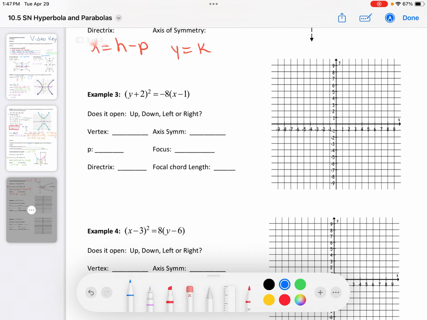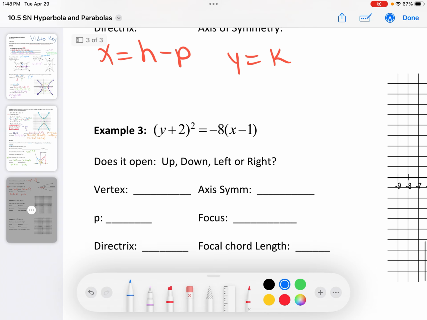So if we take a look at example 3, let's put this into play. Using this conic form, y is squared. So this is horizontal. The negative in front of that 4p value means it's going to open backwards.